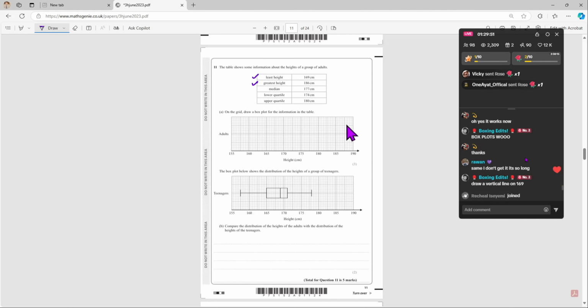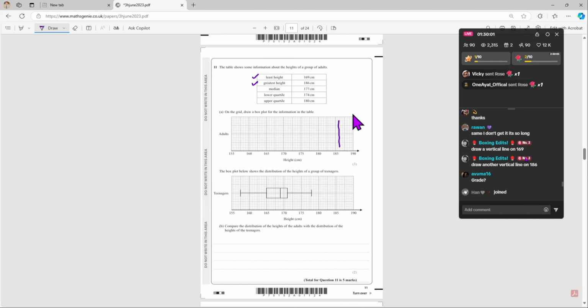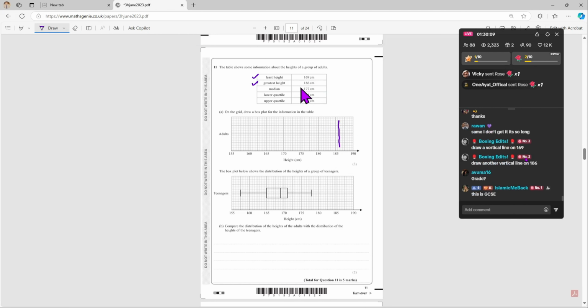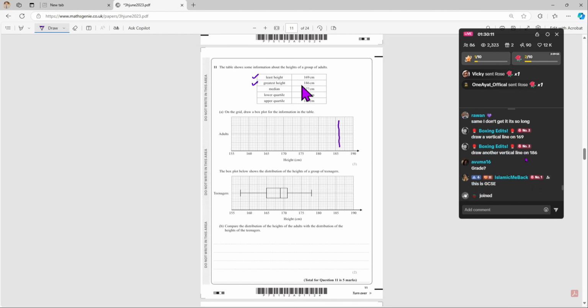So we're going to label 186 over here at the greatest height. So 186 is going to be right here. And guys, do not forget to use a ruler. Then once we have done that, that's our greatest height done. And then our least height is going to go at 169 centimeters, right here. 169.